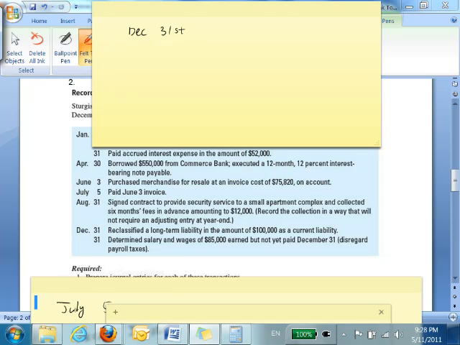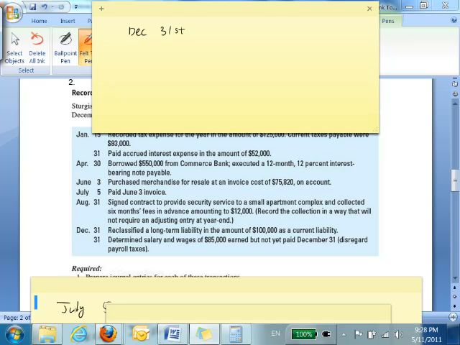Let's see. December 31st. First, on December 31st, we need to pay attention to one transaction, which is related to the April 30th transaction. They borrowed $550,000 from Commerce Bank and executed a 12-month, 12% interest-bearing note payable, right?